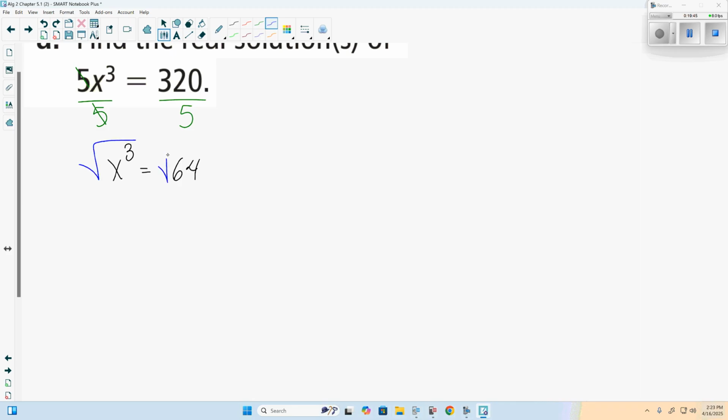So we can cube root, because our cube root and third power would cancel, telling us x is equal to 4. So this here would be our only real solution of this here. And it is possible to get the other solutions from here, and that's kind of what I was doing earlier, is we can actually use synthetic division to get the quadratic and then solve a quadratic to find the complex solutions to this here, but x is equal to 4.